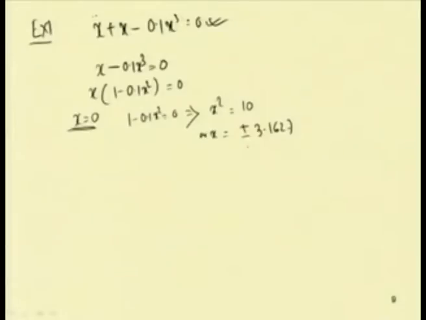Here x equal to 0 is the trivial solution, and x equal to plus minus 3.1627 are the non-trivial solutions of the system. One can use the qualitative analysis procedure to find the phase portrait of this equation, check whether these points correspond to a center or a saddle point, and also find the separatrix.